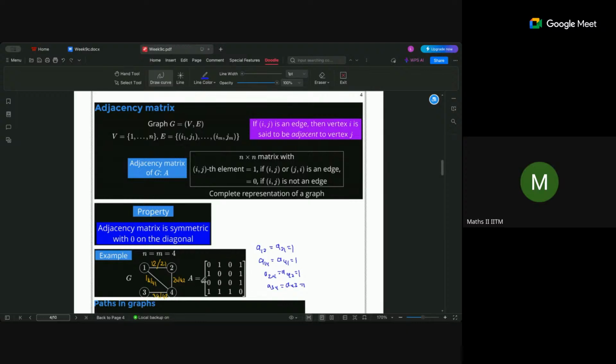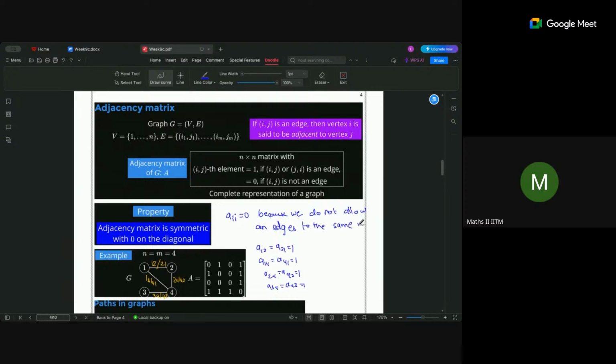In fact, any adjacency matrix is symmetric and the diagonals are 0. Why are the diagonals 0? a_ii is 0 because we do not allow an edge to the same vertex.